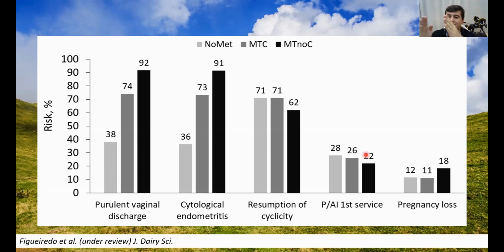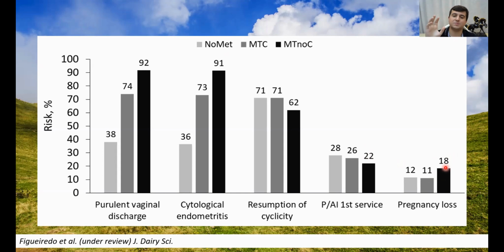Now, when I divided by animals that achieved clinical cure and animals that did not, I didn't find a statistical difference. Finally, in pregnancy loss, I found a tendency for the effect of cure, as animals with metritis that did not achieve clinical cure tended to have greater proportions of pregnancy loss.